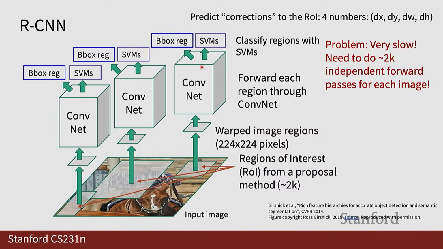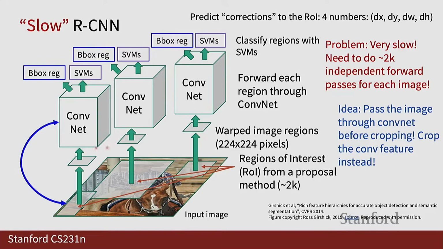And this is what is called the RCNN algorithm. Although it works, and this is one of the early algorithms, CVPR 2014, these are very slow because for each of these boxes we are running a full convolutional neural network. But there is one catch.